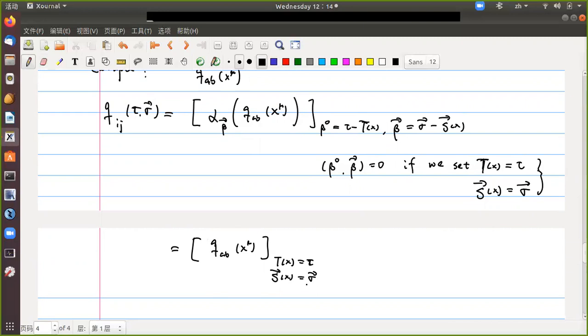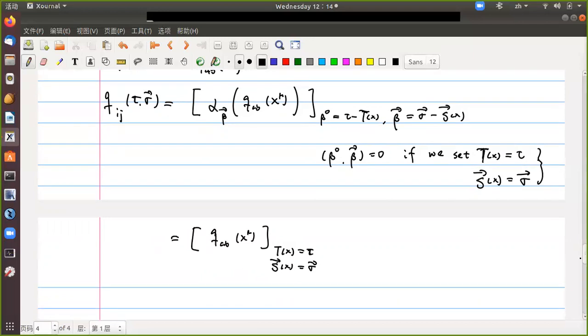So you ask the question, what is the value of the field of your Dirac observable located at point tau and sigma? It actually means that your field is located at a certain point, you don't know where, x, such that the dust field T evaluated at that point equals tau, and the dust field S evaluated at that point equals sigma.